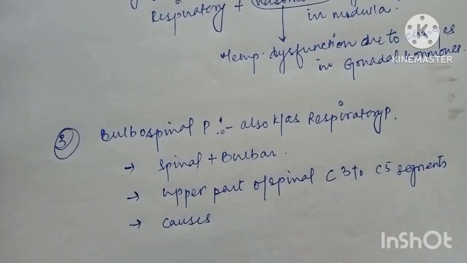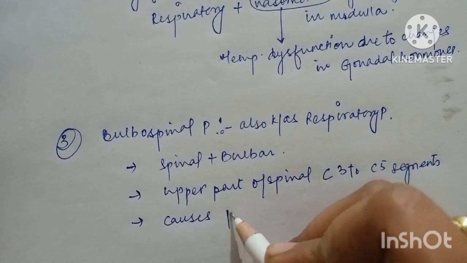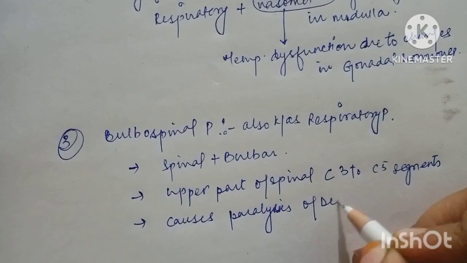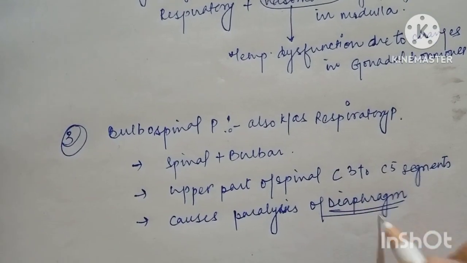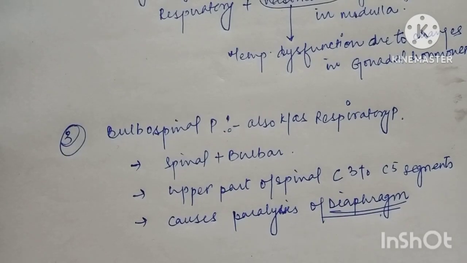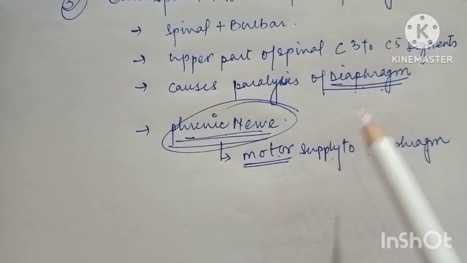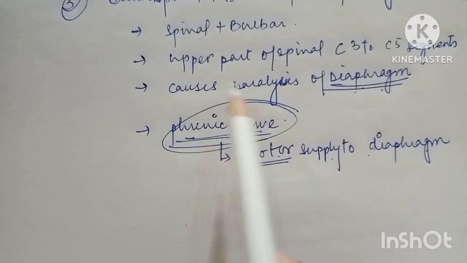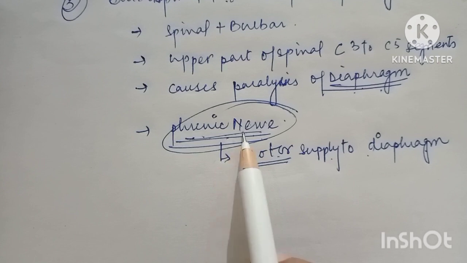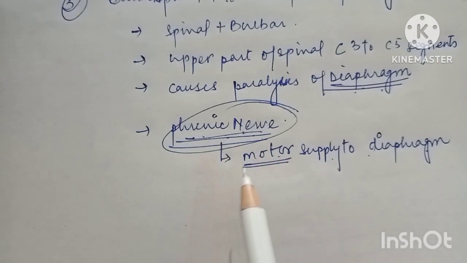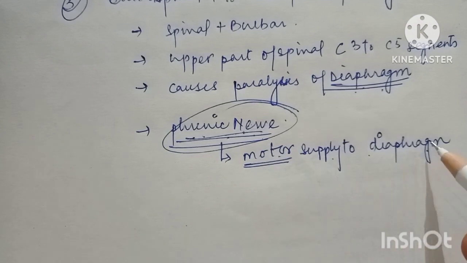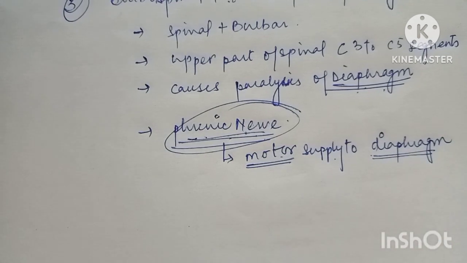Guys, focus on this statement: it causes paralysis of the diaphragm. The diaphragm is the main muscle that helps a person breathe. If it gets paralyzed, your respiratory system fails and you need ventilator support for respiration. The diaphragm gets its motor supply from the phrenic nerve, and in bulbospinal poliomyelitis the phrenic nerve gets paralyzed, which cuts the motor supply to the diaphragm, the main muscle responsible for respiration.